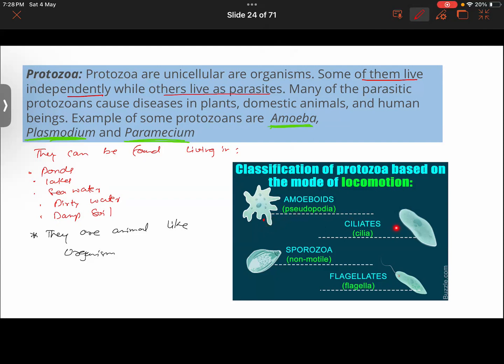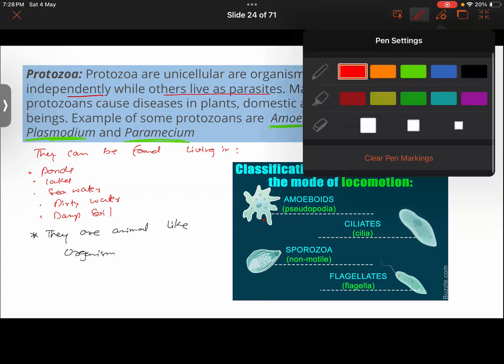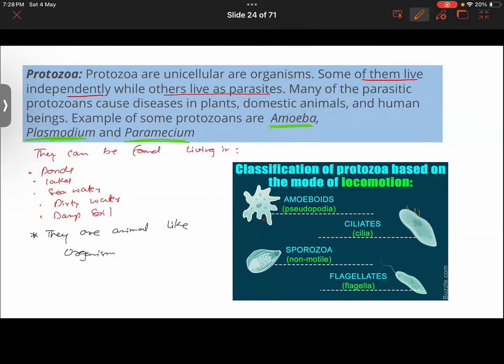Then you have another type of protozoa in which there will be structures like this. From their body, tiny thread-like structures will be coming out. Those are called cilia.